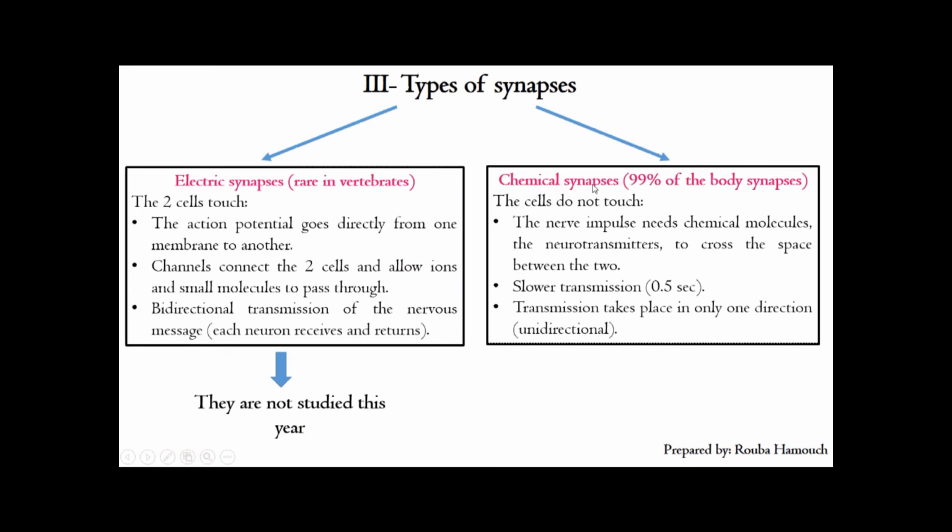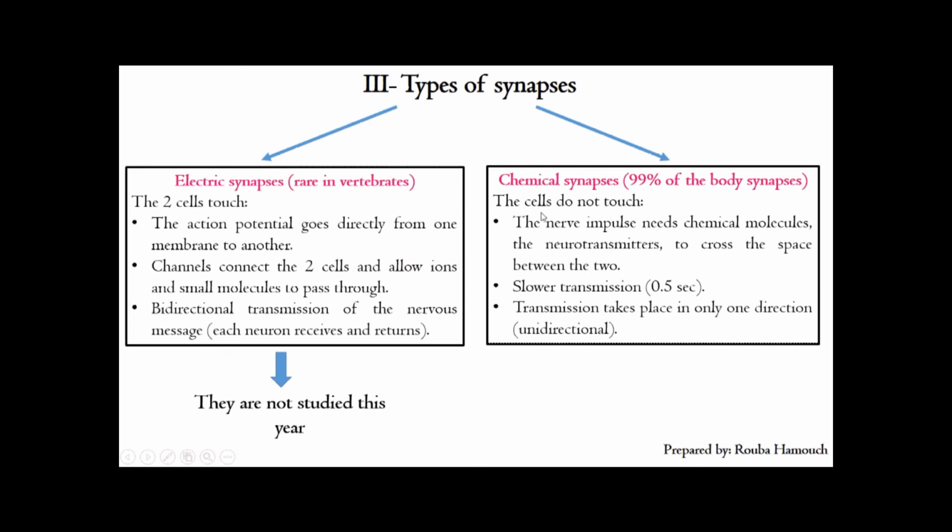Concerning chemical synapses, they represent 99% of the body synapses. They are frequent in our nervous system. In these synapses, the cells do not touch, and the nerve message or the nerve impulse needs chemical molecules to be transmitted. And the chemical molecules are called neurotransmitters. They cross the space between the two cells and they transmit the message.